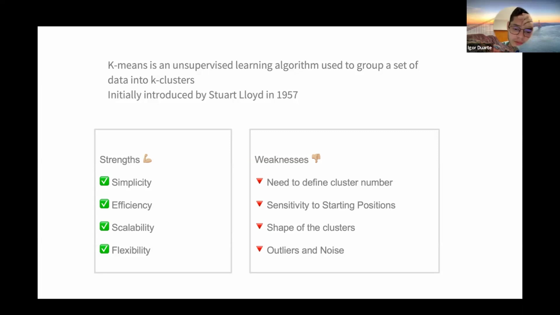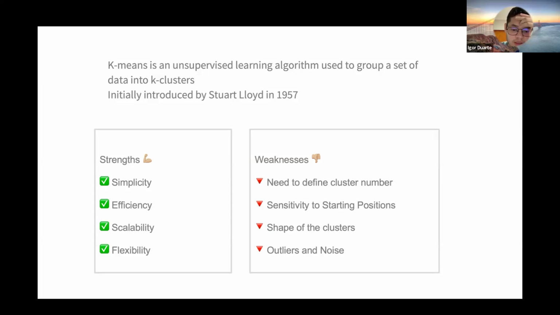So some weaknesses: first of all, you need to predefine the number of clusters. Maybe this is a hard choice. You need to choose a better technique to select the optimal number of k, and sometimes it involves experimentation and cross validation, and this maybe can be hard.